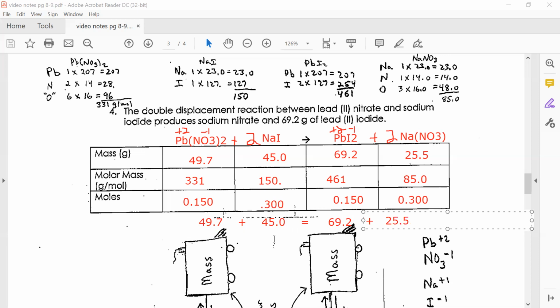So if you plug those two things in, what do you end up with? I think you're going to find this one's going to be 94.7. So this is 94.7 right here. On this side, 49.7 and the 45. And this one ends up being 94.7 as well. So it does match up with what we have going on there.